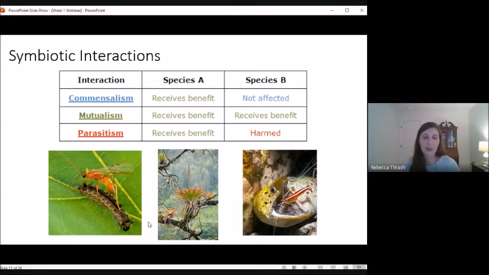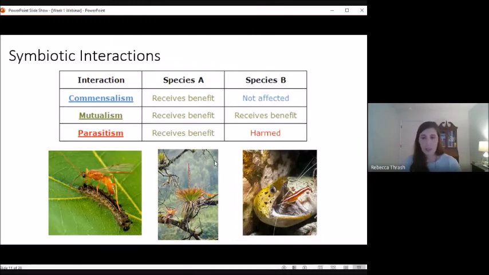And this isn't so great for the caterpillar, because once those eggs hatch, the baby wasp larvae are going to eat the caterpillar, and the caterpillar will die. So obviously, one species is benefiting greatly while the other is being significantly harmed. These are parasitic wasps, and they get the benefit of a nice egg-depositing site, and the caterpillar is harmed because it causes death.